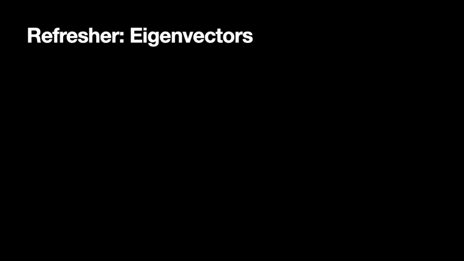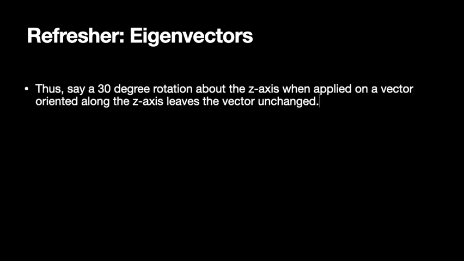So what we've observed, at least qualitatively, is that a 30-degree rotation, just as an example, of a vector about the z-axis will leave the vector unchanged if the original vector is already pointing along the z-axis, which makes sense.